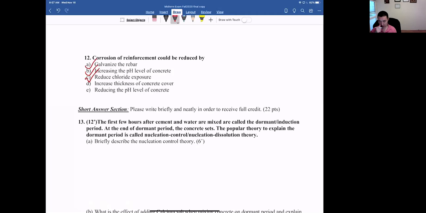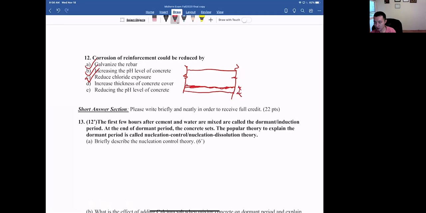D, increase the thickness of concrete cover. By increasing the concrete cover, we increase the barrier between the rebar and the air. Let's say this is the concrete, and the bar is here. The concrete cover is typically 1 or 2 inches of concrete between air and rebar.